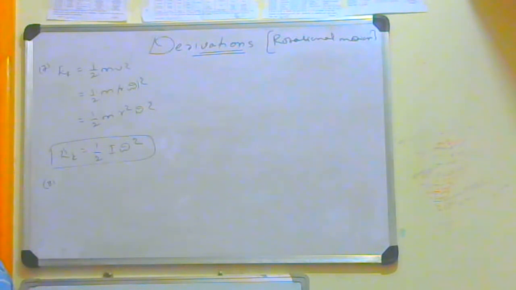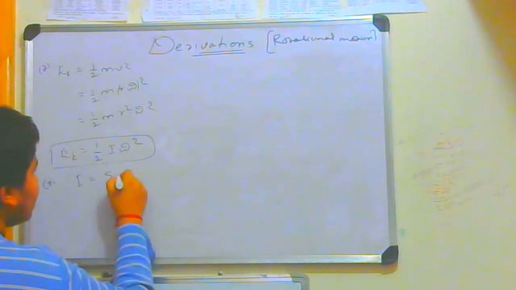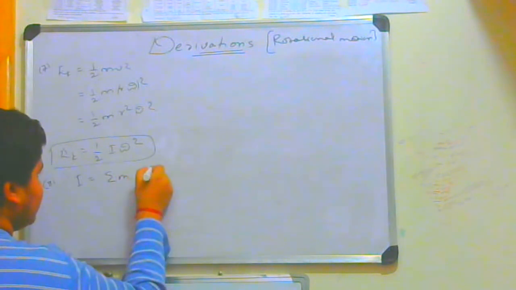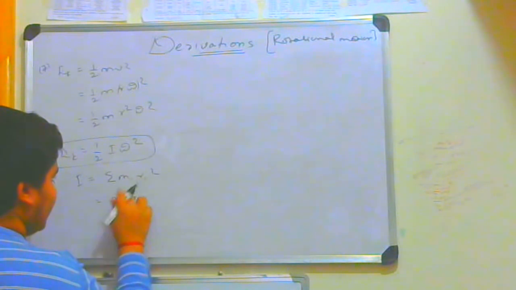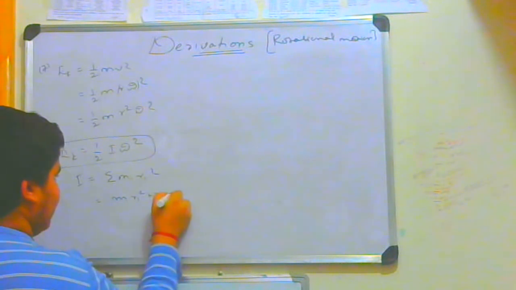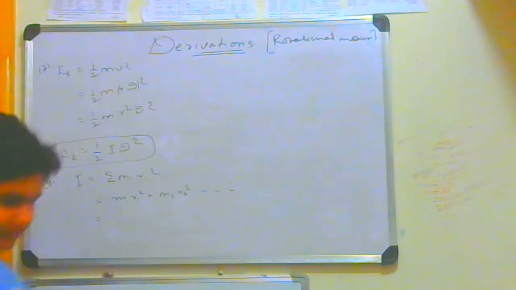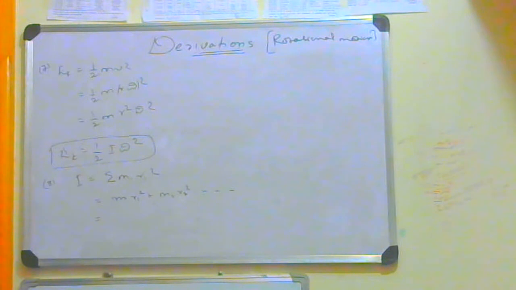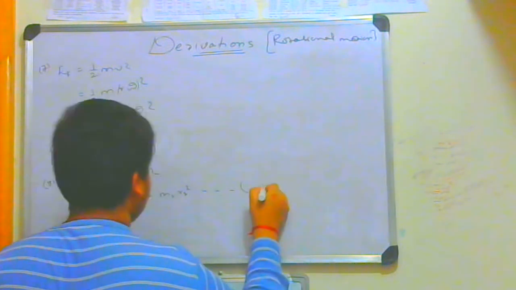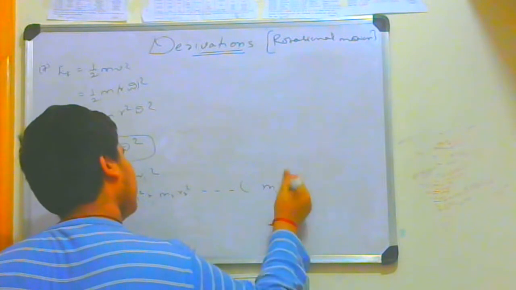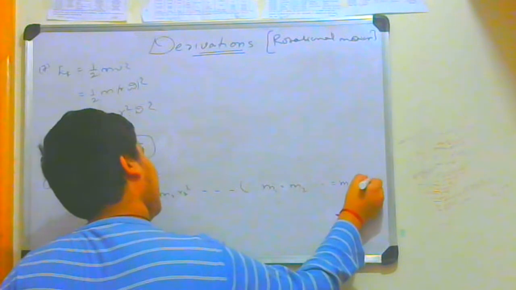Radius of gyration is given by, पहले तो इसको लिखो आप, I is equal to summation mi ri square equals m1 r1 square plus m2 r2 square and so on. Now let m1 is equal to m2 equals mn equals m.